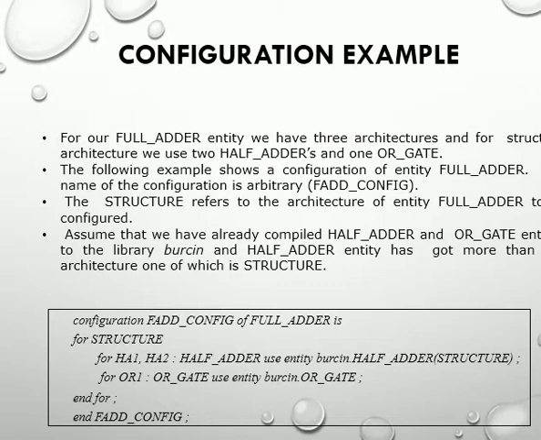Here you can see this configuration for full adder, which is named fadd underscore configured, for full adder. As we are using a structural architecture, we are given the name for structure, and then for half adder 1 as well as half adder 2, we are using these entities from the library, and the half adder entity has more than one architecture, one of which is structure.